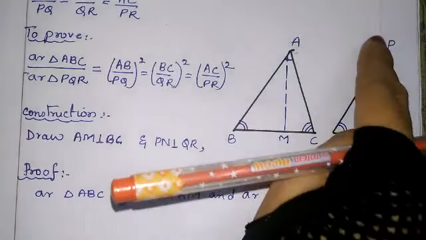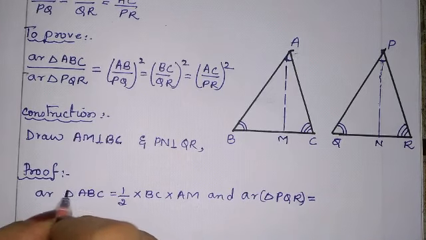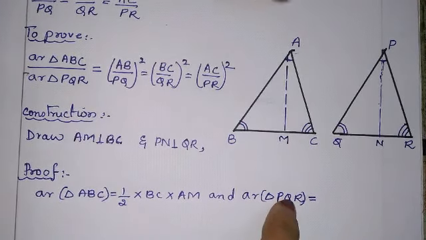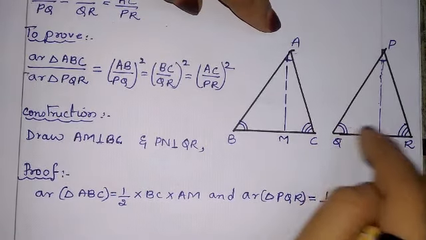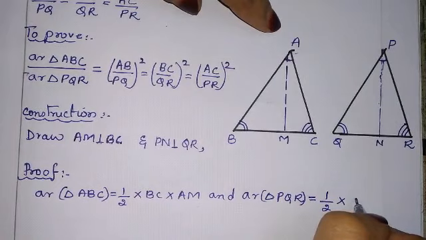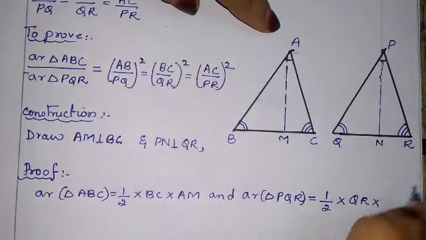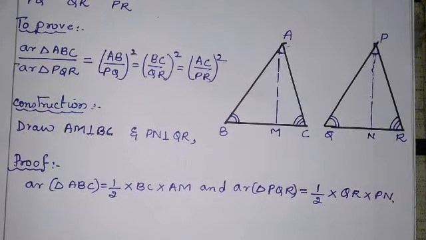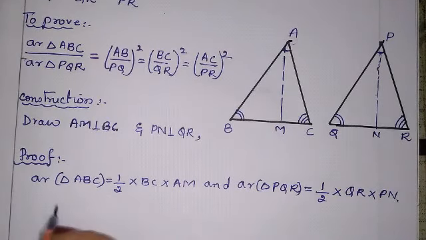Area of triangle PQR is equal to half into QR into PN. Now, in the statement they have told about the ratio, so let us make the ratio of these two.